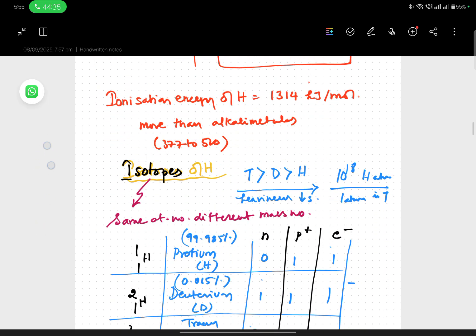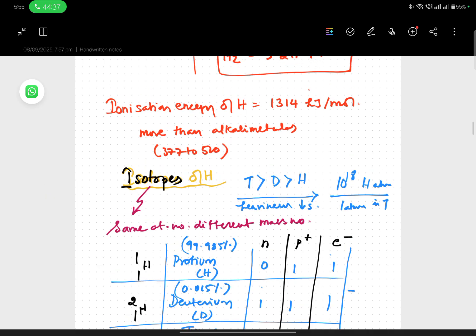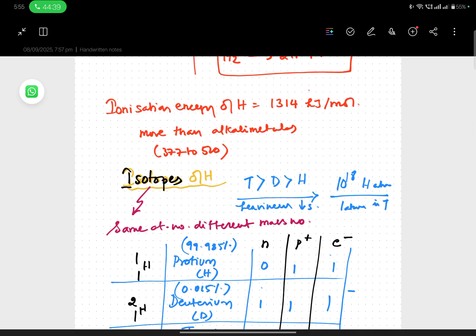Then the ionization energy of hydrogen is more than alkali metals, 377 to 500.